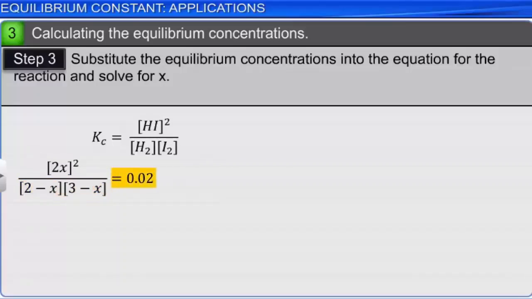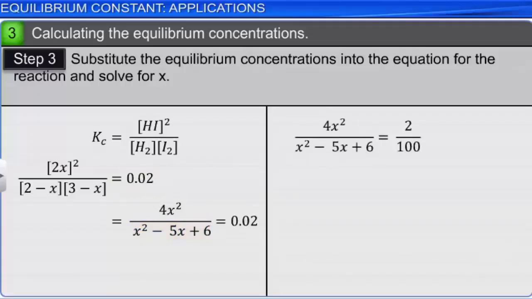This is equal to 4x squared divided by x squared minus 5x plus 6. This can be written as 4x squared divided by x squared minus 5x plus 6 is equal to 2 divided by 100. On cross multiplying, we get 100 multiplied by 4x squared is equal to 2 multiplied by x squared minus 5x plus 6.